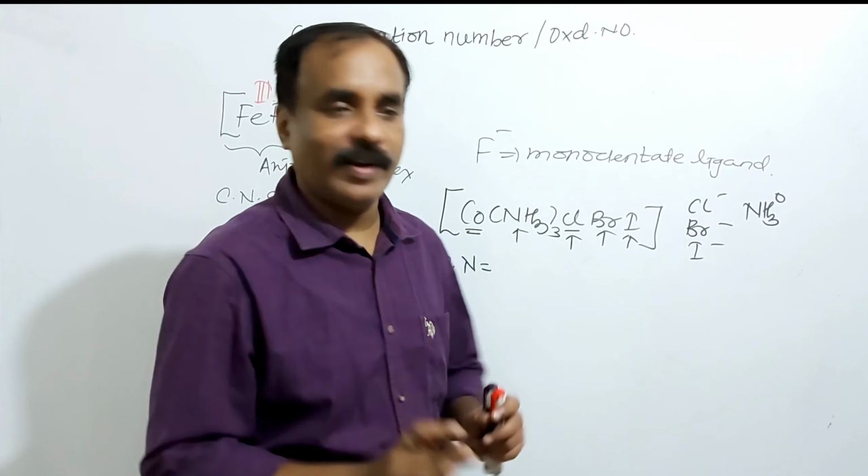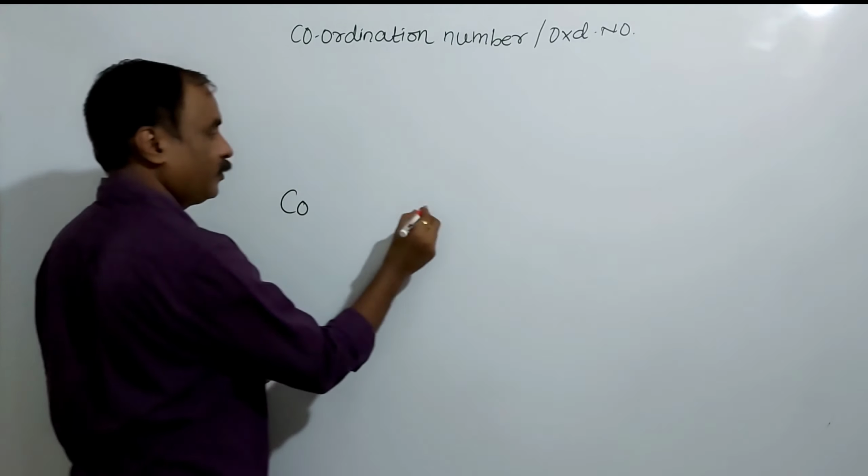Next. Suppose the complex is a polynuclear complex, and how do we find the coordination number and oxidation number? Which complex is said to be a polynuclear complex? A complex with 2 or more than 2 metals. Suppose again I will take cobalt.